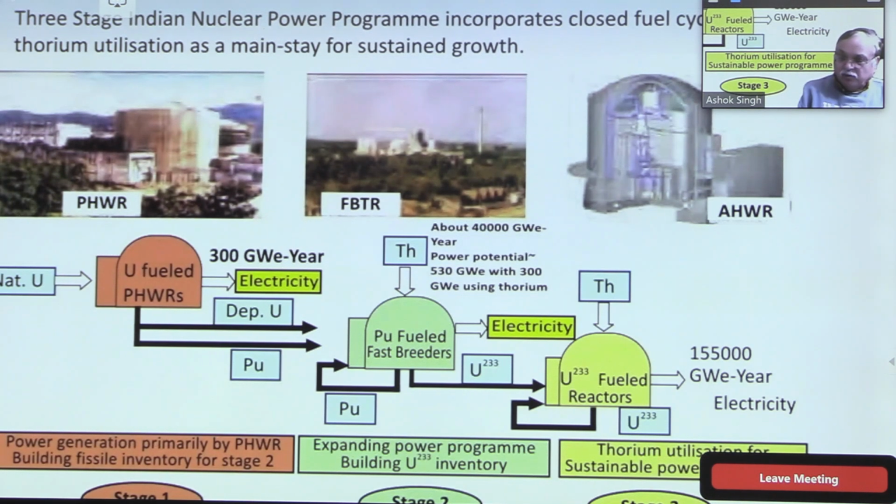So look at PU in the bottom of the slide. The spent fuel is used to produce plutonium. So at this stage, we are producing power and we are also building plutonium stocks for stage 2 through the spent fuel. This is the biggest advantage of using PHWR. You are getting substantial amount of plutonium also.